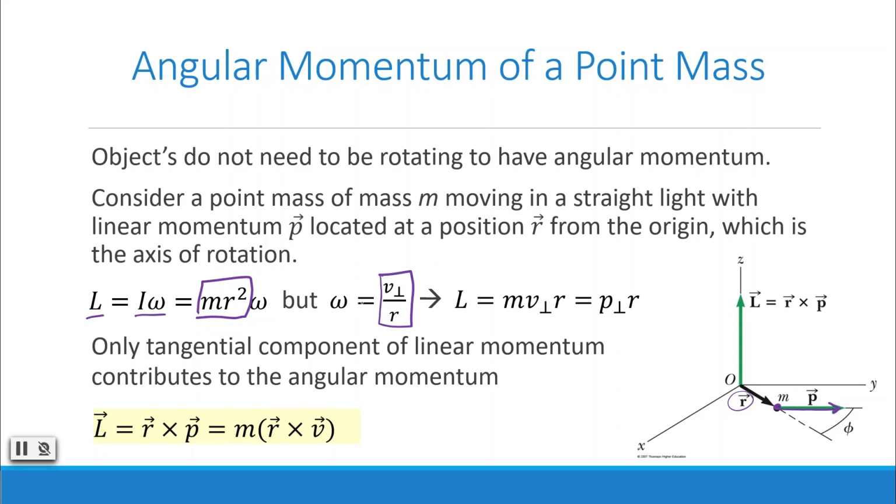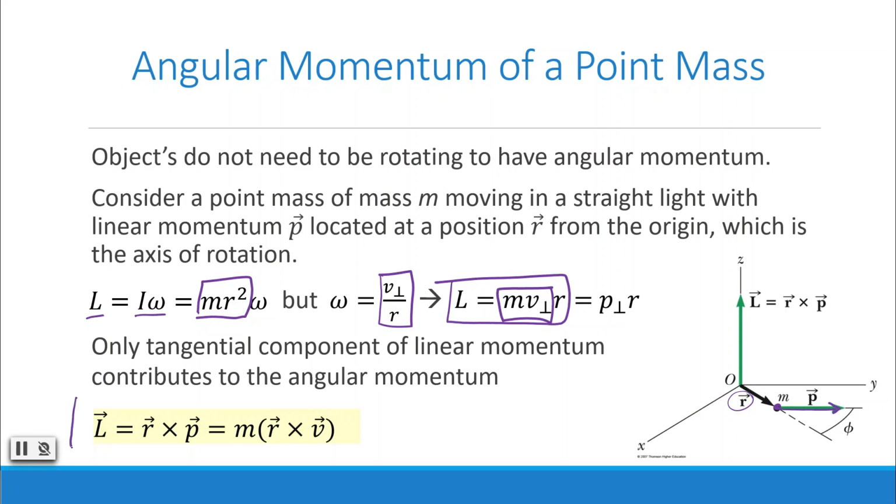So if we assume that omega is v perpendicular over r, then when you substitute that in for omega, you get that our angular momentum is m v perpendicular times r. But m times v perpendicular is the same thing as the perpendicular component of the linear momentum relative to r.